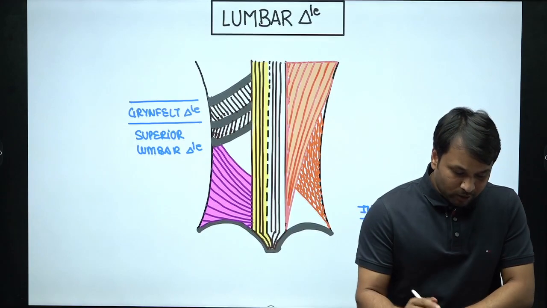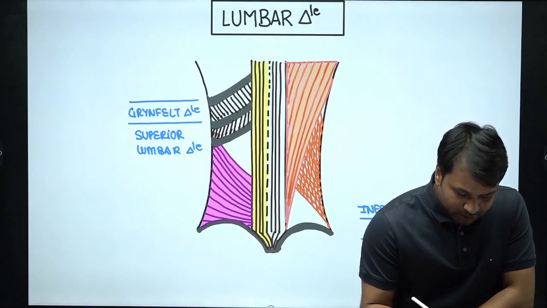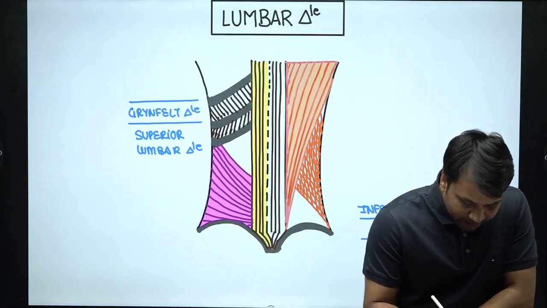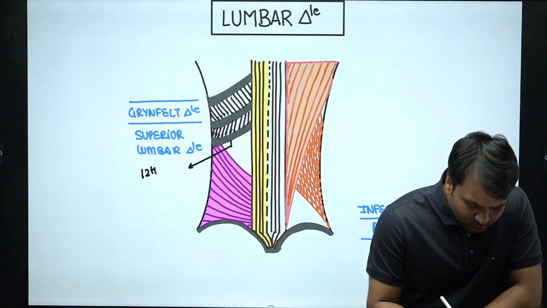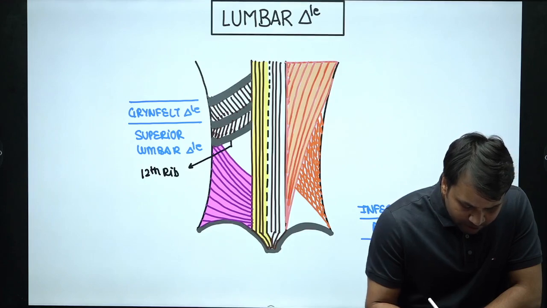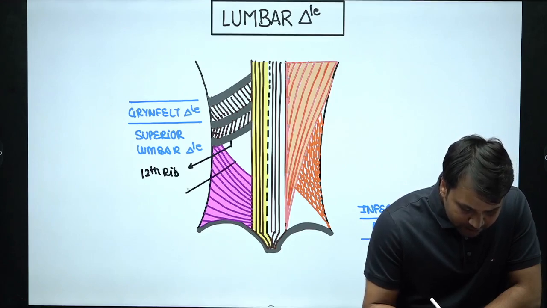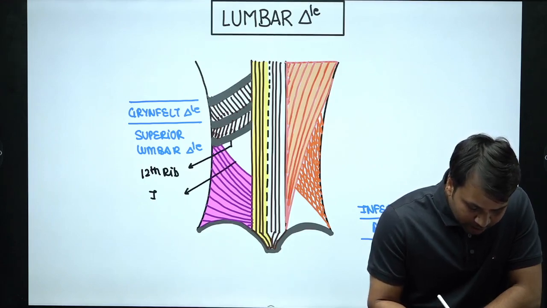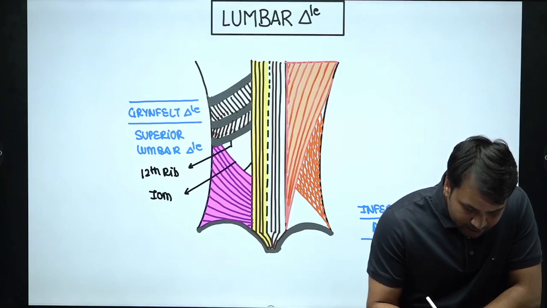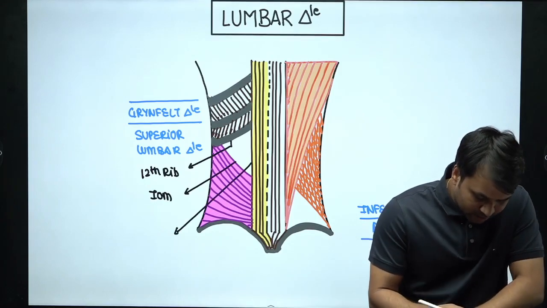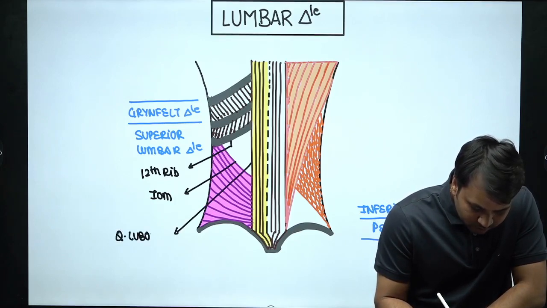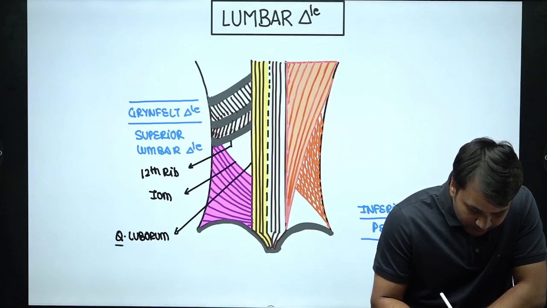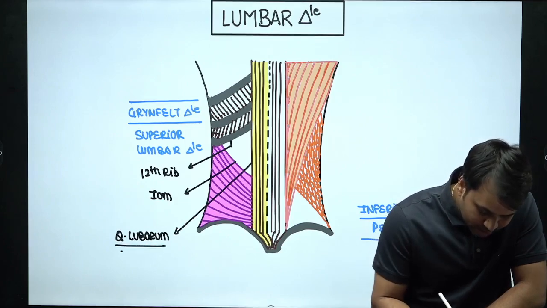Now when you talk about the superior lumbar triangle, the boundaries are pretty clear. It is formed on the superior aspect by the 12th rib, or the inferior border of the 12th rib. This muscle that you see is your internal oblique muscle, and medially you see another set of muscles, your quadratus lumborum and your erector spinae.